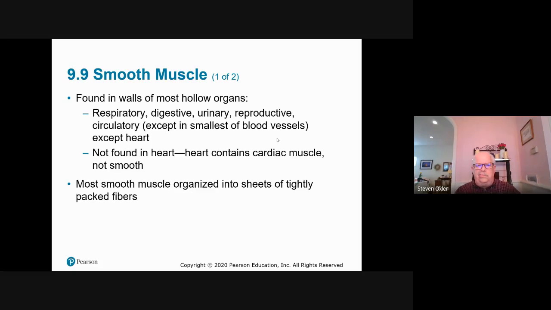Smooth muscle is found in the walls of most hollow organs. And those hollow organs are your lungs, your digestive tract, your bladder, and your reproductive organs. It's not found in the heart. The heart contains cardiac muscle, not smooth.